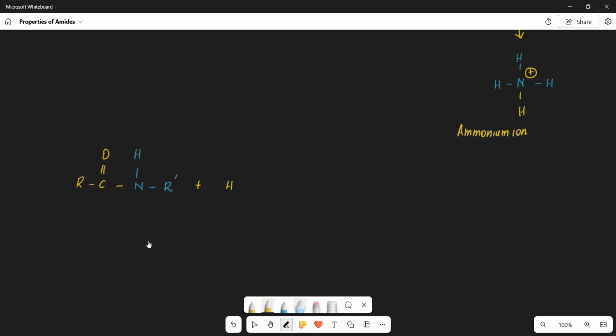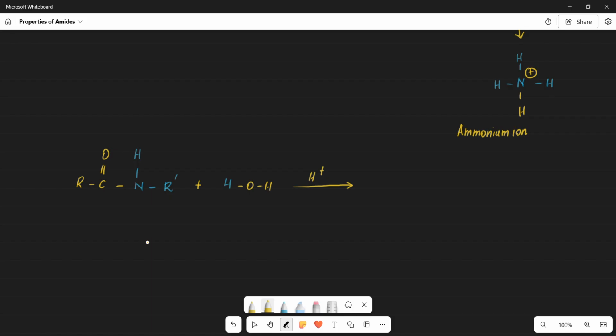It's undergoing hydrolysis, which is the cleavage of amide bond using water. We are looking at the hydrolysis in presence of dilute acids. So let us say dilute acid H plus.